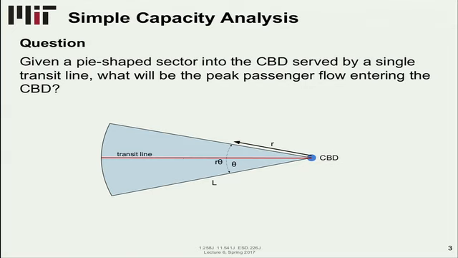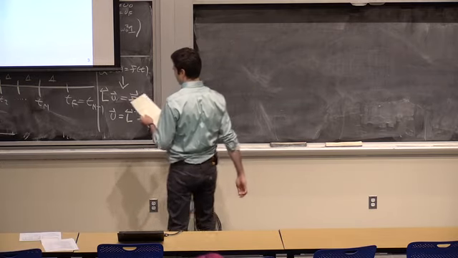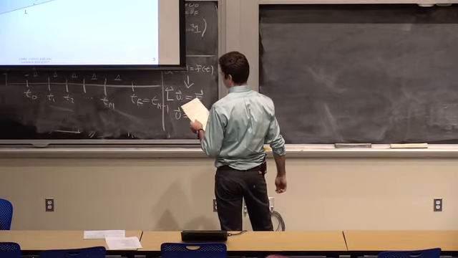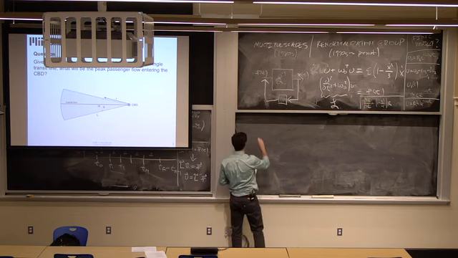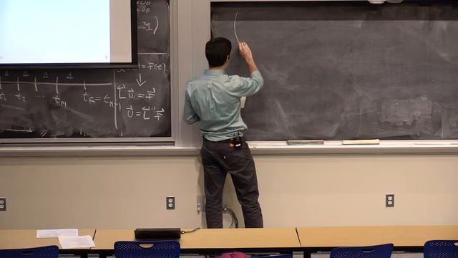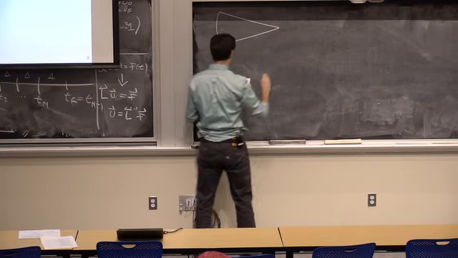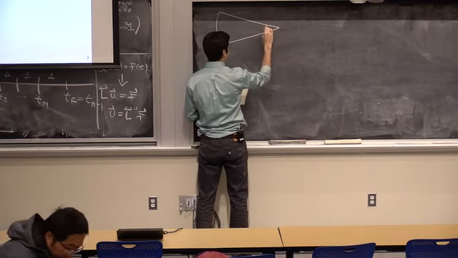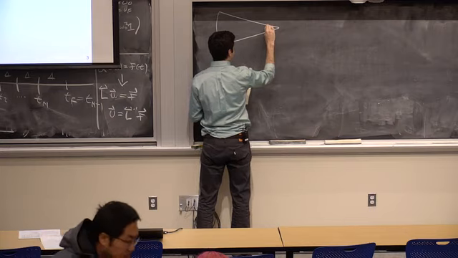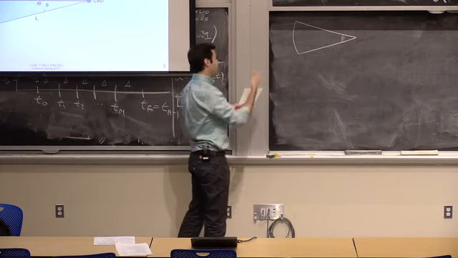So I'm going to draw on the board a little bit. What do we have here? I'll draw the same shape here for reference. We have a cone-shaped or pie-shaped sector, and there's some angle theta of that corridor, which is the catchment area over which people might walk to the service.